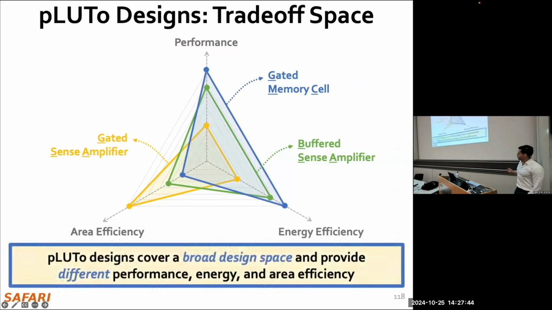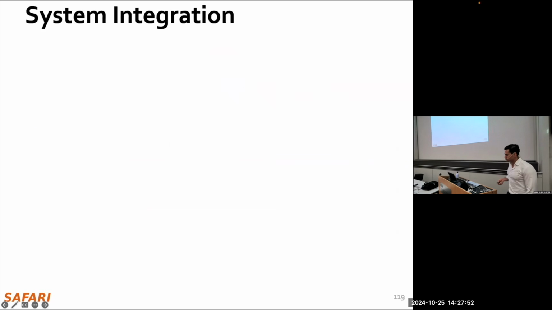So basically, we cover those 3 designs, and depending on what you are designing for, you can select the appropriate Pluto design.